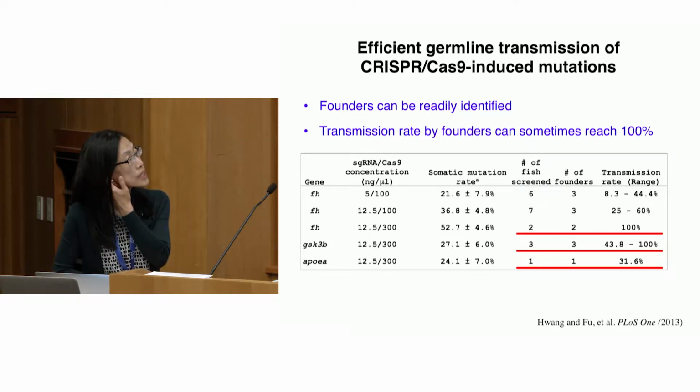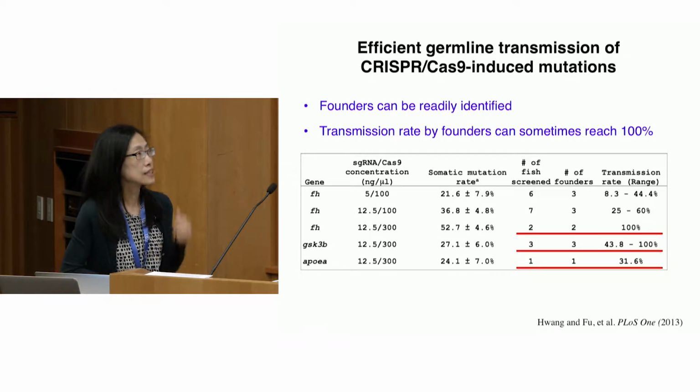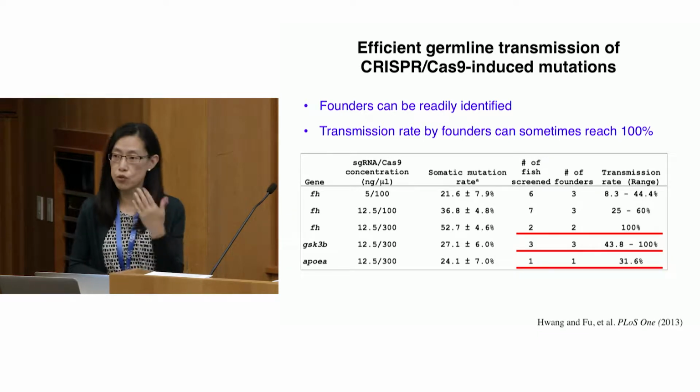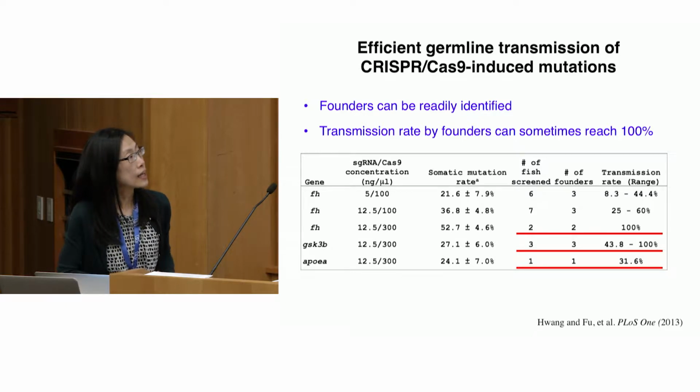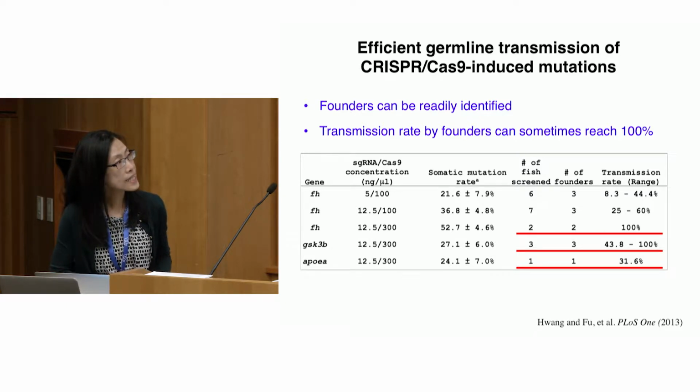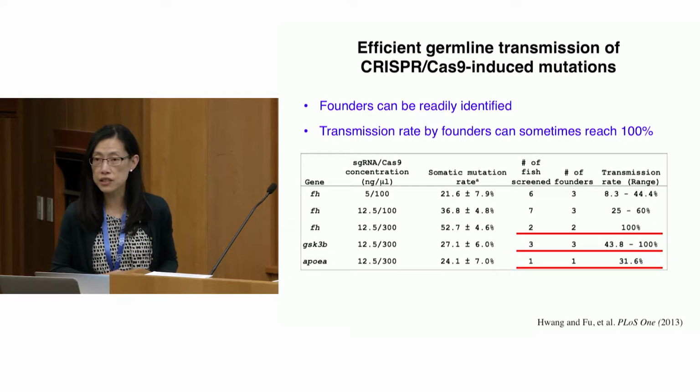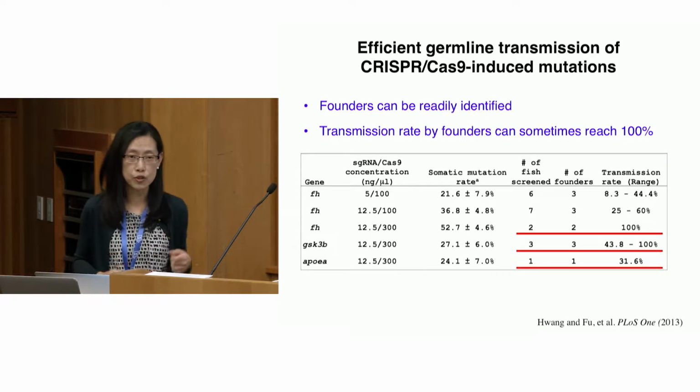And as expected, we also found that CRISPR-induced mutations can be efficiently transmitted through the germline. In many cases, we found that all of the injected fish we screened are actually founders, and their germline transmission efficiencies can sometimes reach 100%.